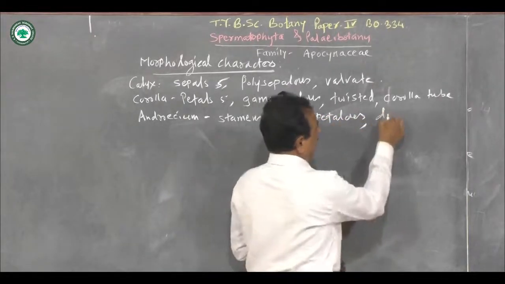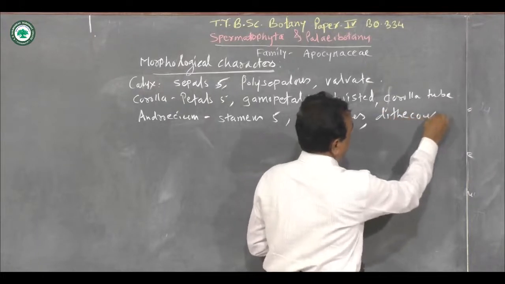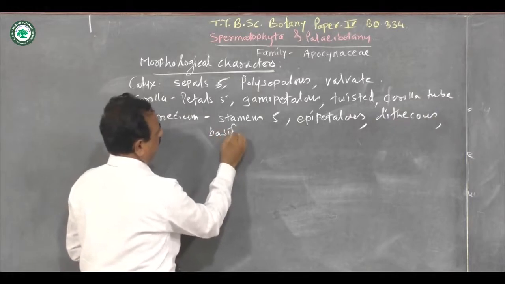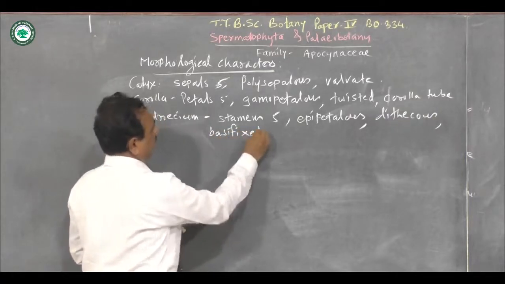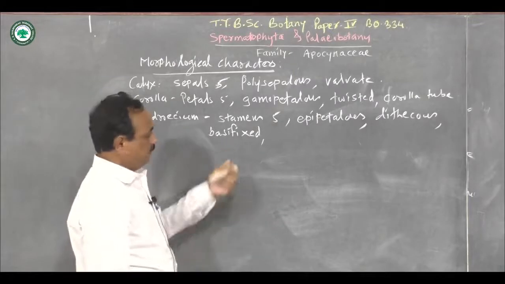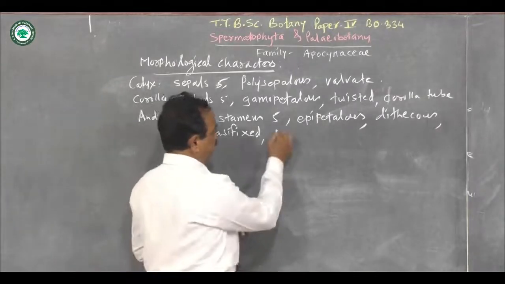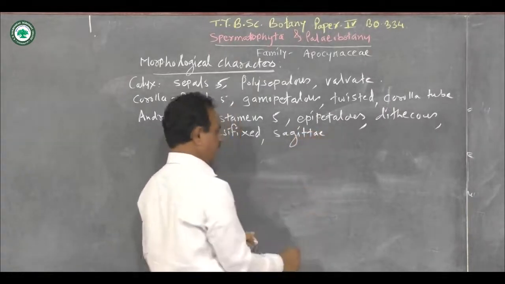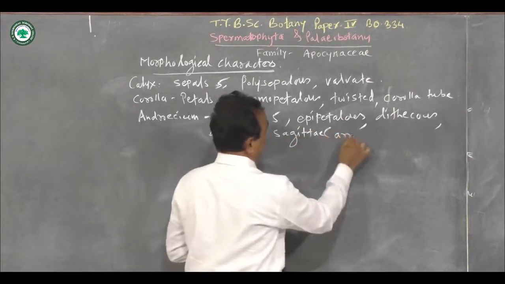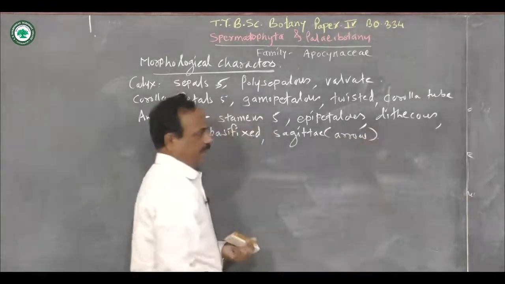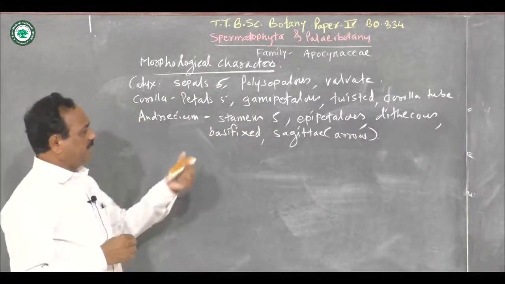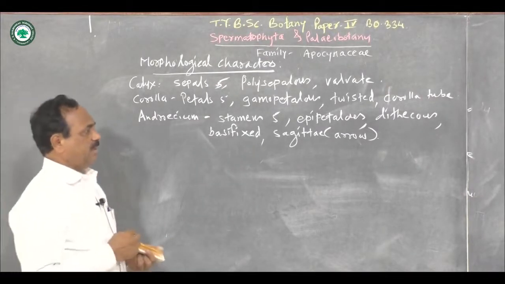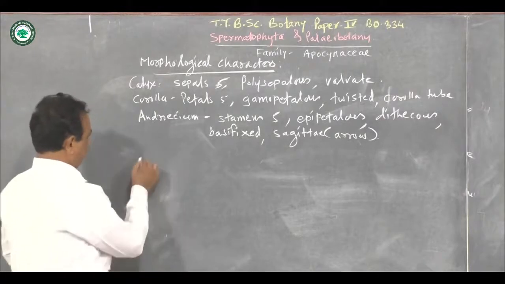They are dithecous, basifixed, that is, the filament is attached to the base of the anther, and sometimes they are sagittate. So the anthers are arrow-shaped. In the case of Catharanthus roseus, they are present in the throat of the corolla tube.